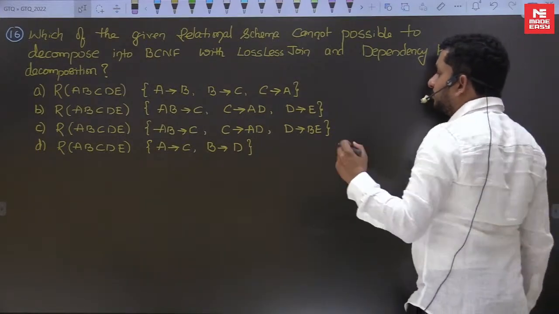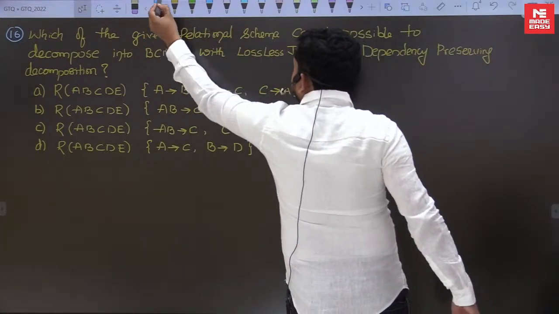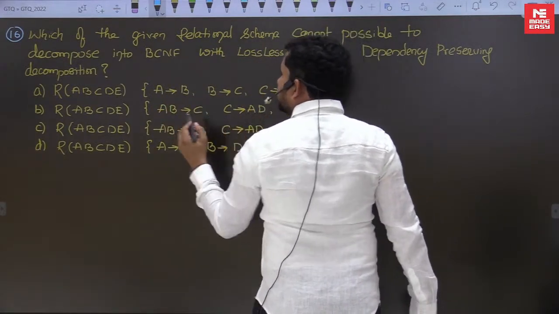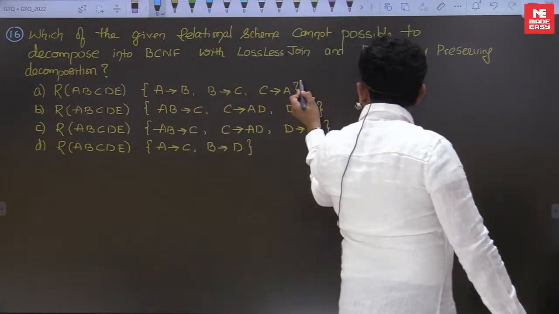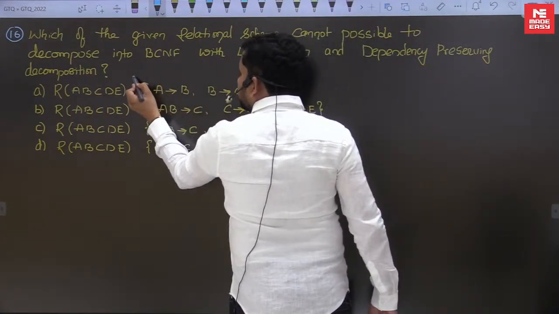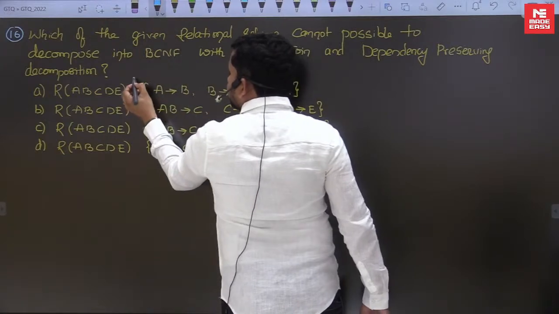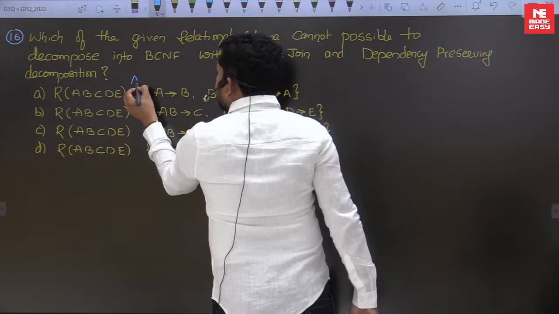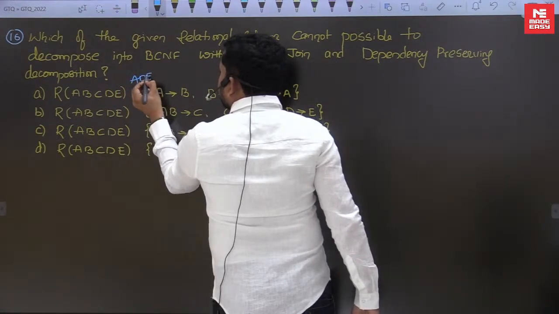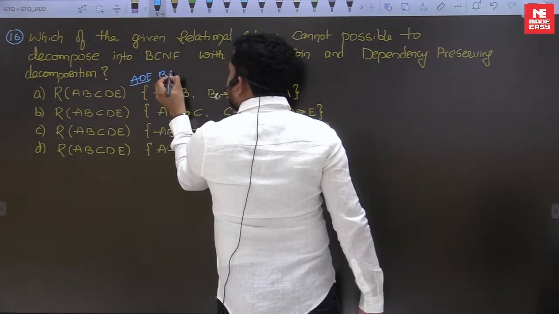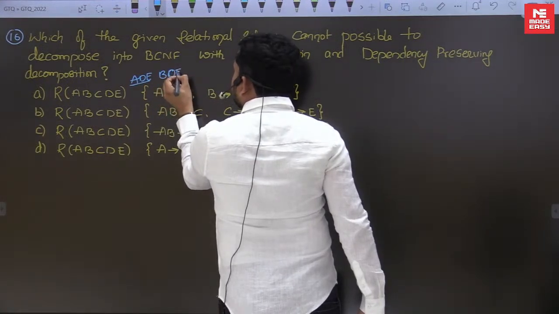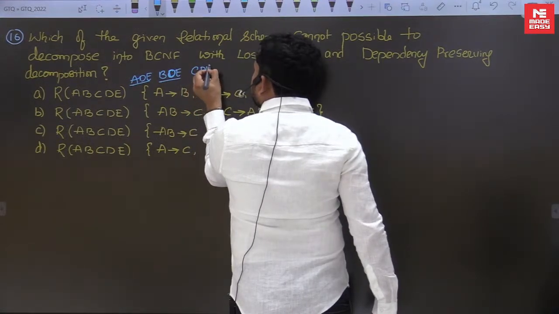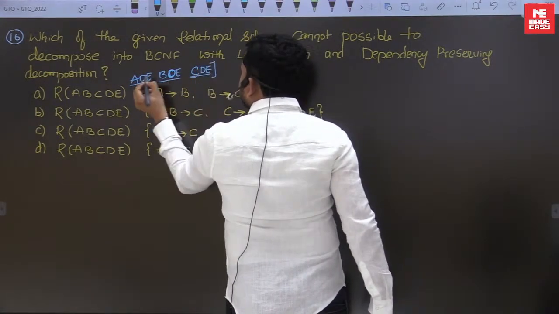Now, see this one. A closure determines ABC, but not DE in the relation. So the candidate keys for this first FD set are ADE, BDE, CDE, right?